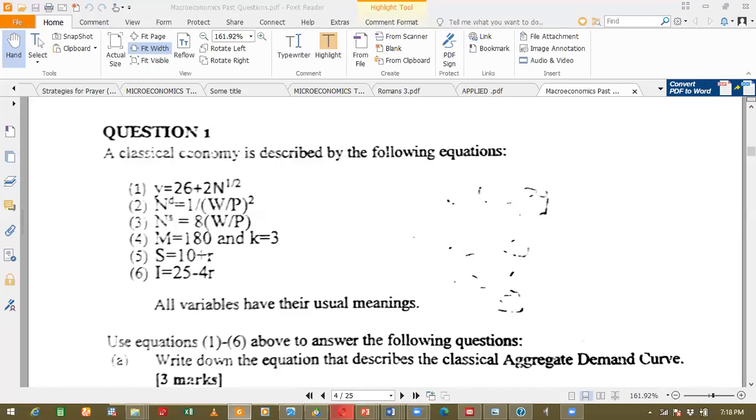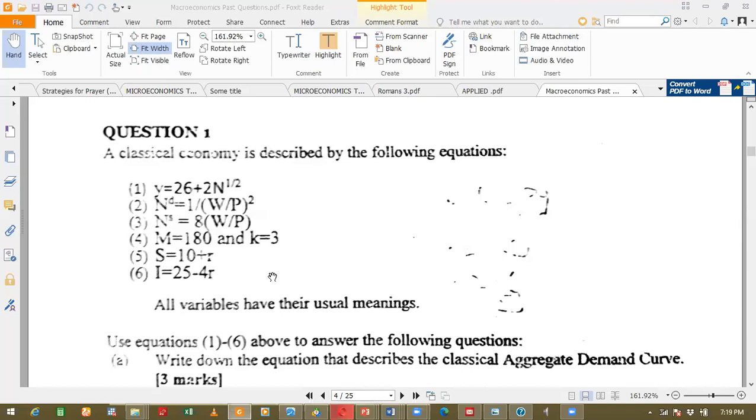Okay. 1. Y is equal to 26 plus 2n raised to the power half. So this is a production function, real output. 2. ND is equal to 1 over (W over P) all squared. So this is the demand for labor function.